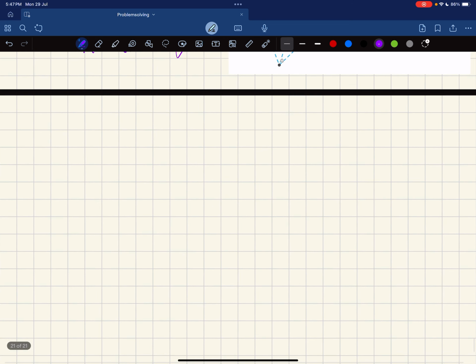And next, we try to prove that P, M, Q are collinear.